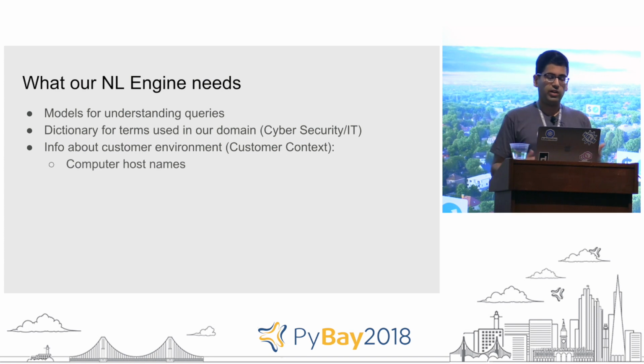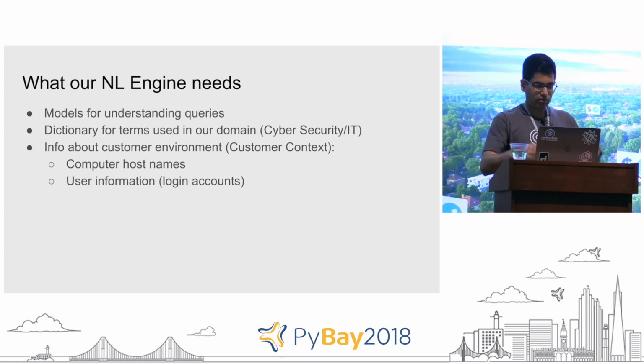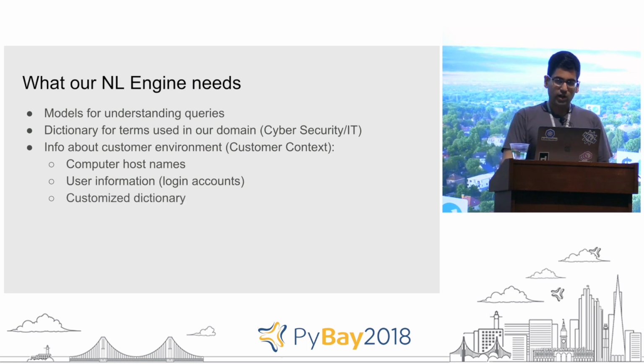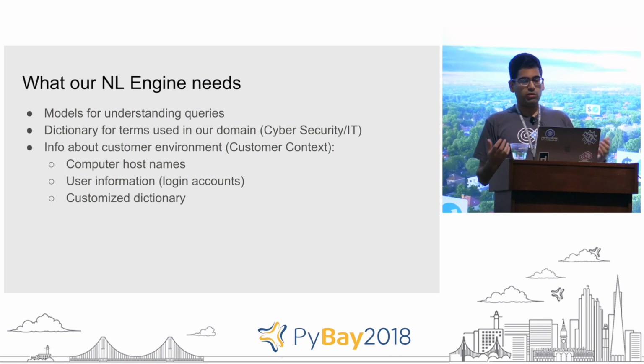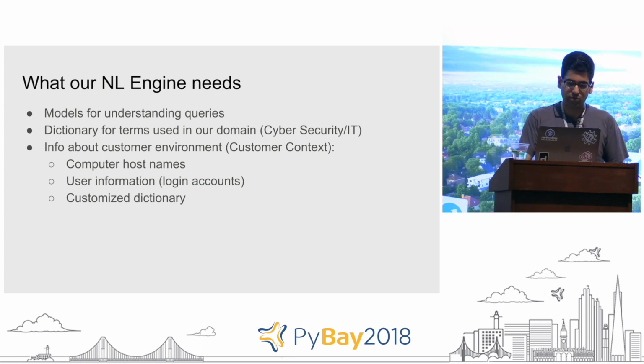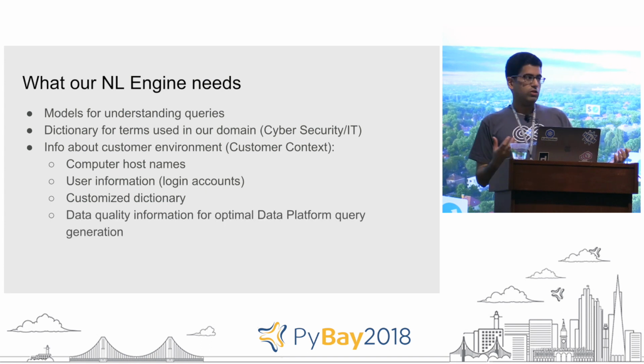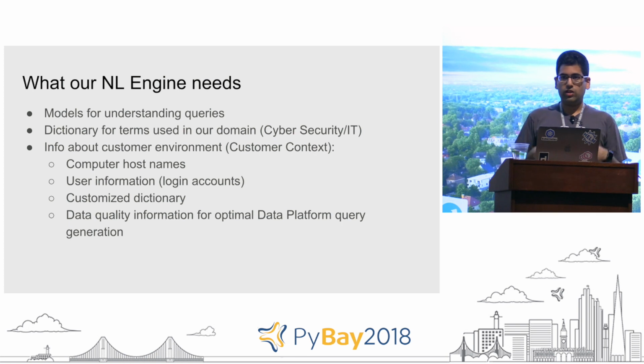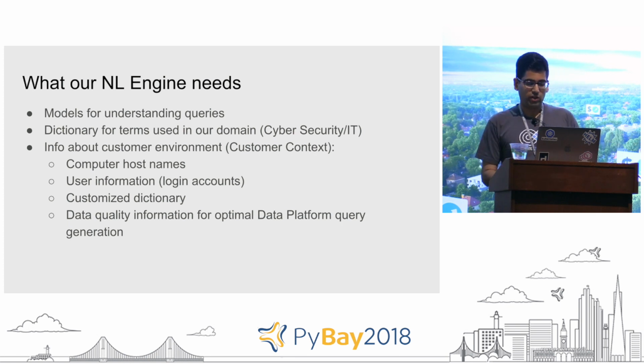Since we're in cybersecurity and IT, we need computer host names, user information, basically login accounts. We also enable our customers to customize the dictionary so they can point their own terminology to specific custom things in our environment. We also collect data quality information so that we can generate the best possible queries for their platform.